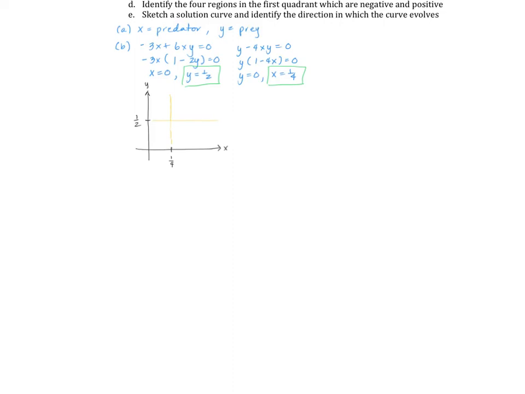Where these two lines intersect is going to be my equilibrium point for part C, which would be the point (x, y), so (1/4, 1/2). This is an equilibrium point. But notice that where X and Y are both 0, that's technically an equilibrium point as well. So I'm just going to list it, even though it's when the population is typically 0.